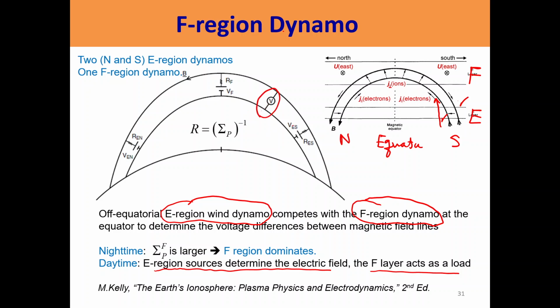It's like you have multiple currents in two wires. So there's some type of connection between these few lines as well. And during nighttime, the conductivities of the F region seem to be larger. So the F region will dominate. So you don't have the E region so evident at all.